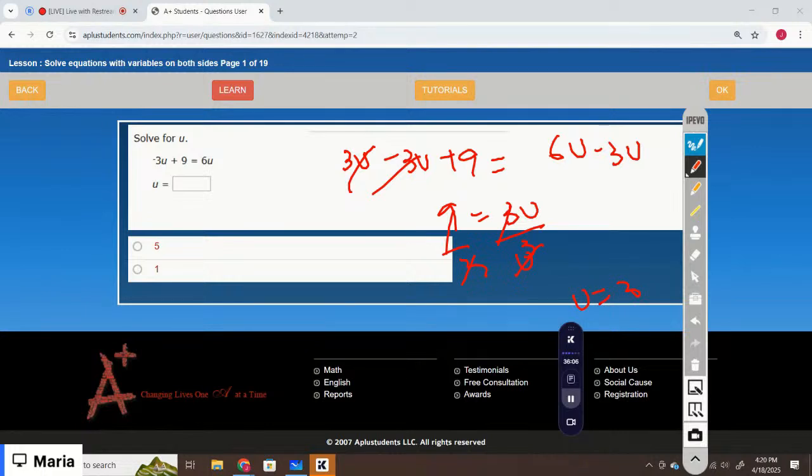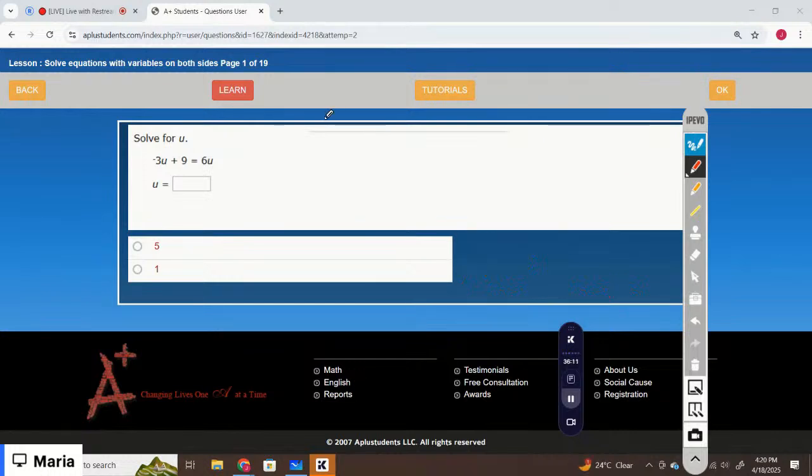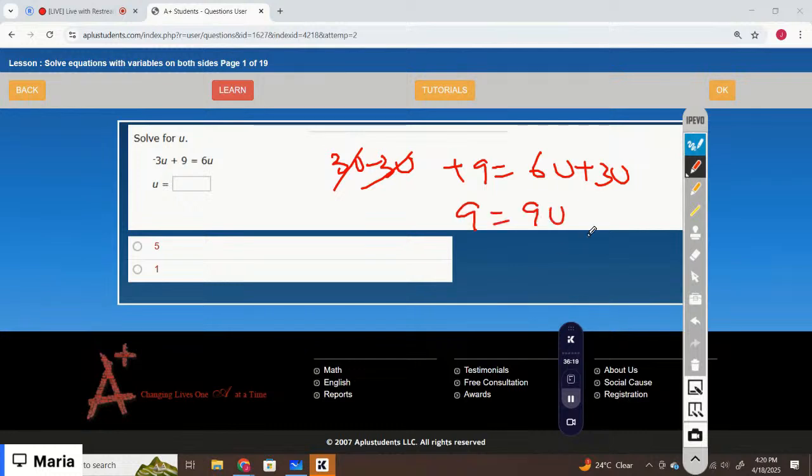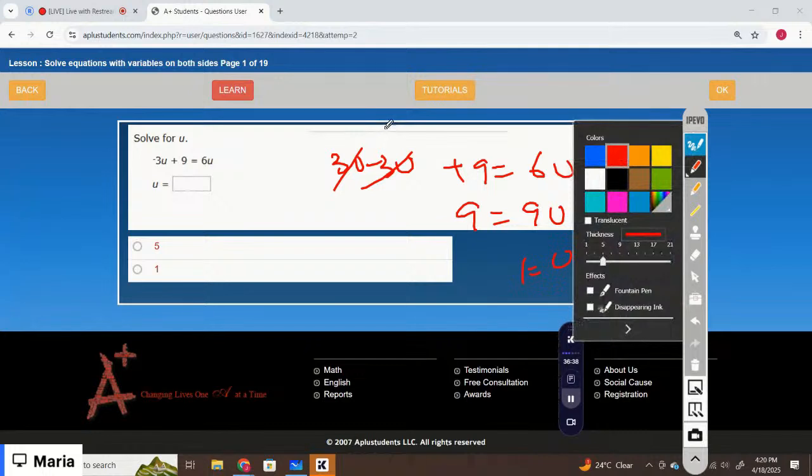Oh, sorry, you added 3u to both sides, right? 3u minus 3u plus 9 equals. u equals 1. Option number 1 is the correct option.